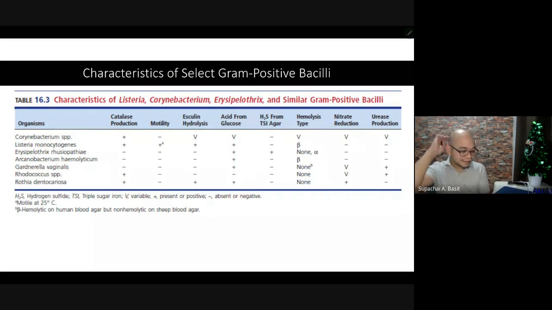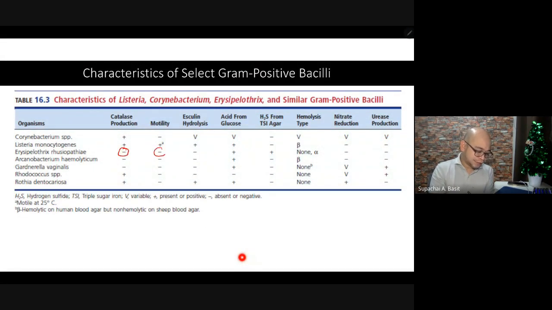So again, to compare Erysipelothrix with other gram-positive bacilli, Erysipelothrix rhusiopathiae is catalase negative, non-motile. They cannot hydrolyze bile esculin, but they can ferment glucose.